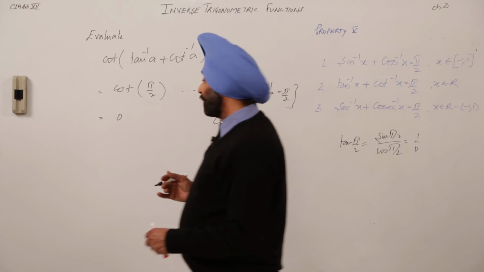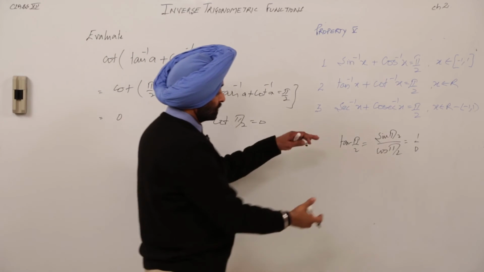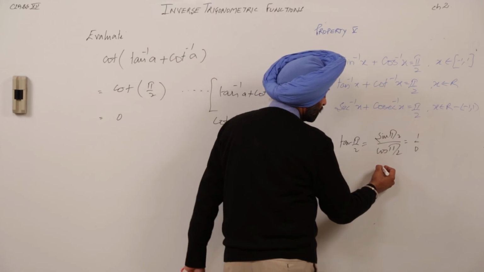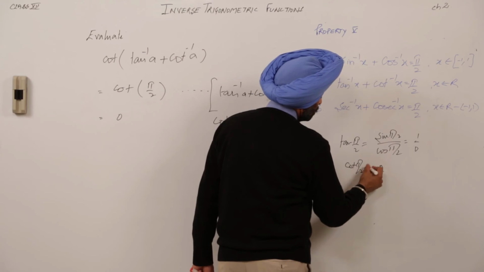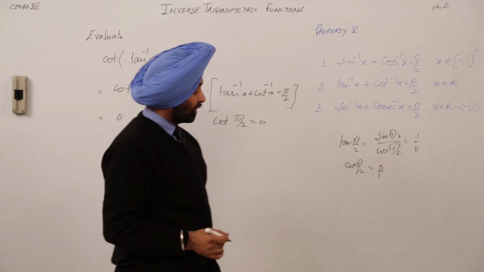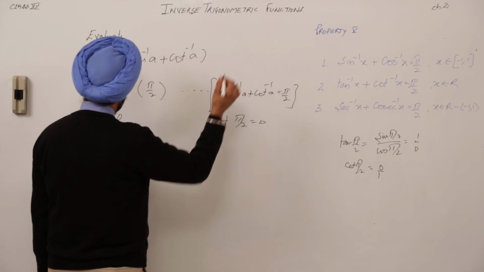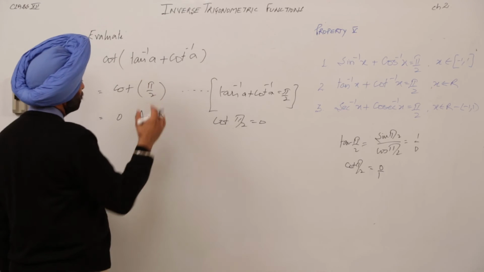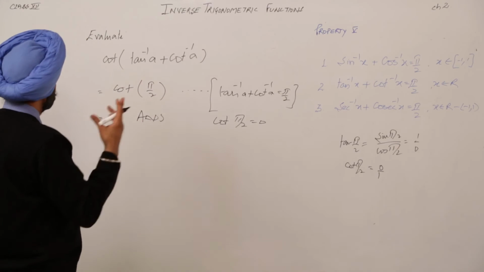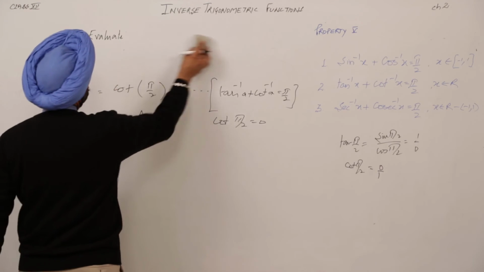But cot pi by 2 is just the reciprocal, so according to the definition it becomes 0 upon 1. So cot pi by 2 is 0, and 0 is the answer. A very simple question according to these properties. Let's do one more question.